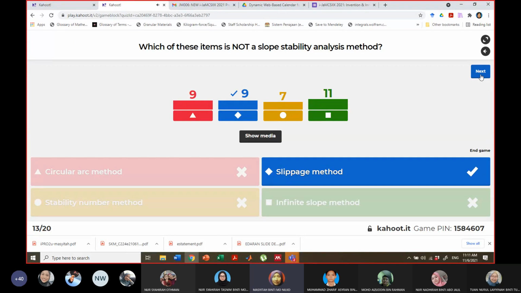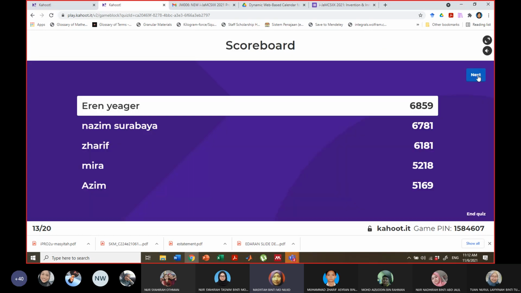Because if you notice, I keep mentioning the circular arc method, and then the infinite slope method is also one of the slope failures, and the stability number is another solution for analyzing finite or infinite slope stability. However, this is not covered in our class. Okay, next question.